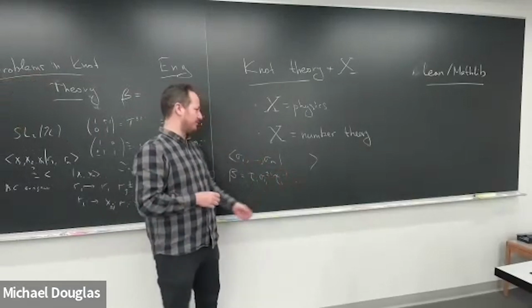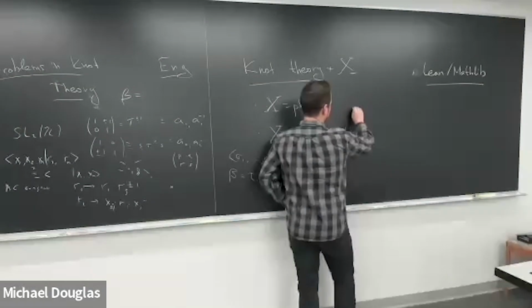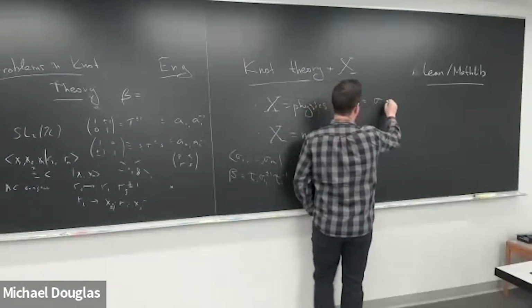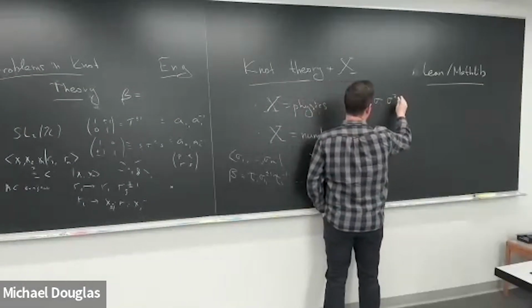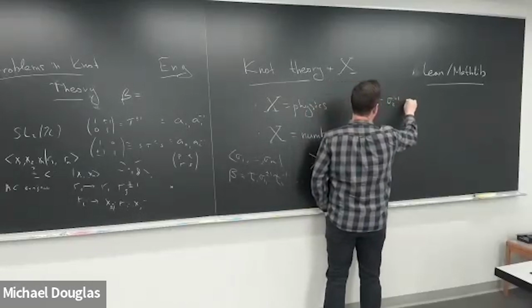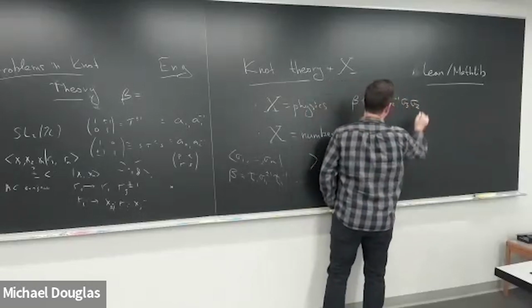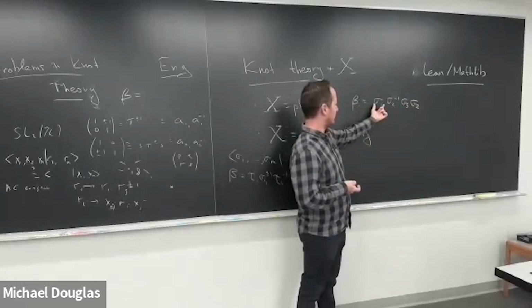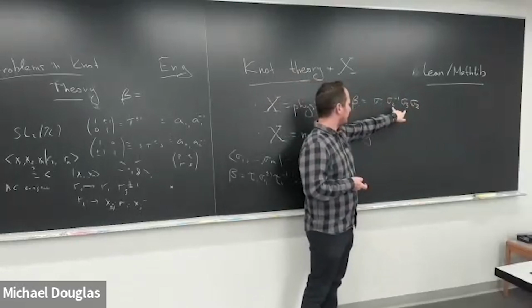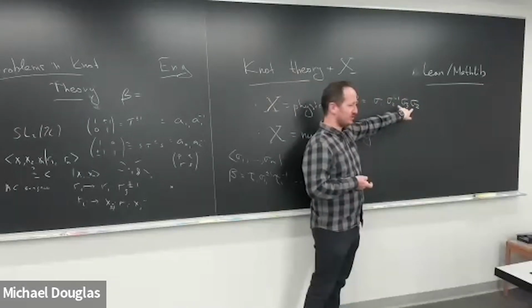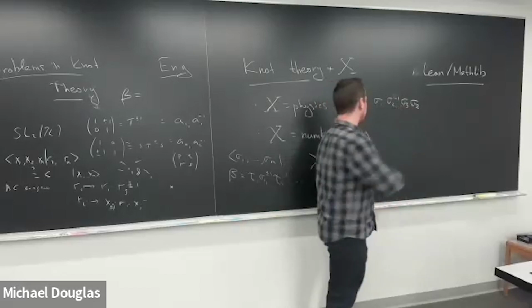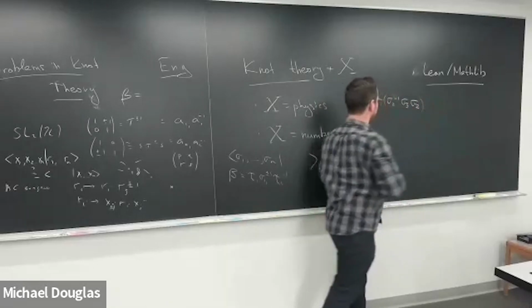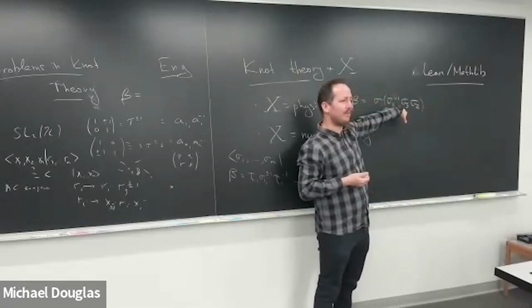For example, sigma 1, sigma 2, and so on, written as a product of Artin generators. But if you notice, this sigma 3 is just conjugated by sigma 2, so you can group this together, and this gives you a length 2 band decomposition.